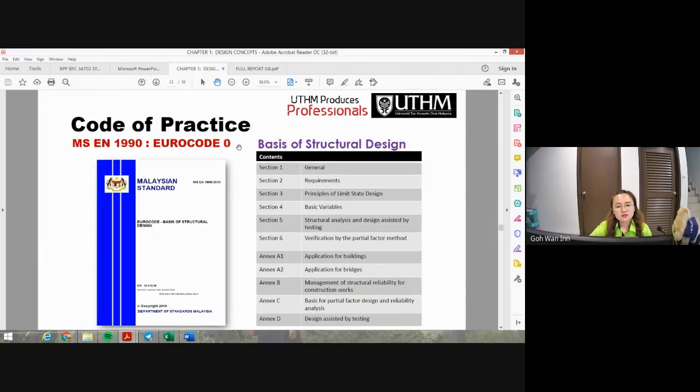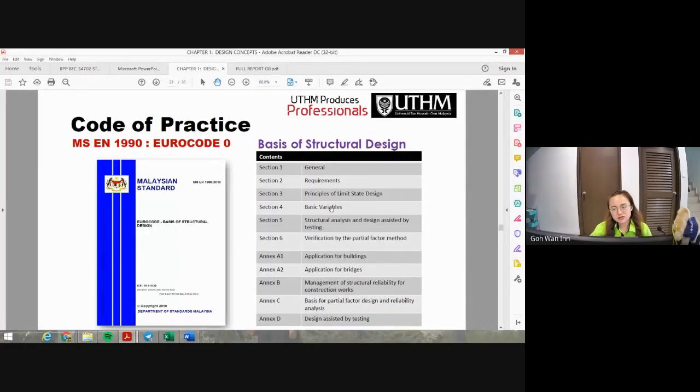Okay, so Eurocode 0 has sections 1 to 6 and annexes A1, A2, B, C, D. It will have the generals about structural design, requirements, and principles of limit state design, like what is the serviceability limit state and what is the ultimate limit state. Once you get your Eurocode, you can go through it.